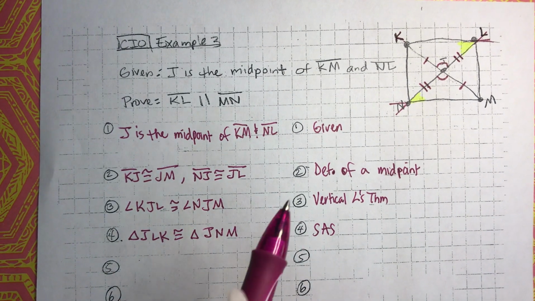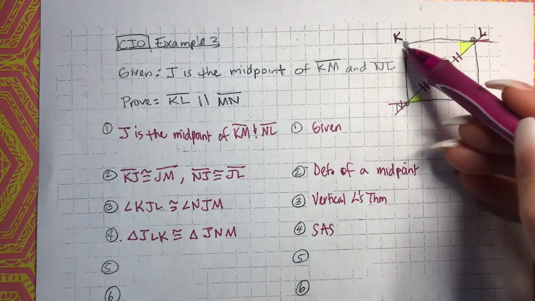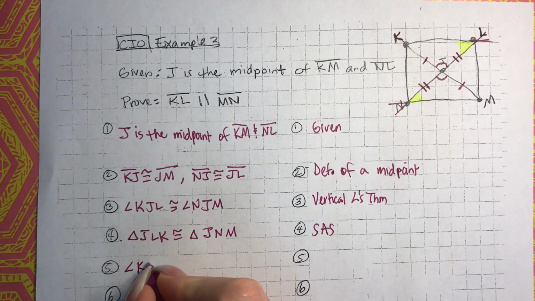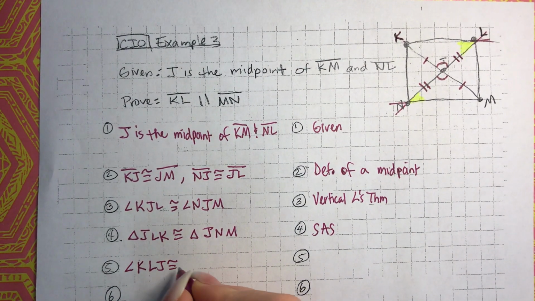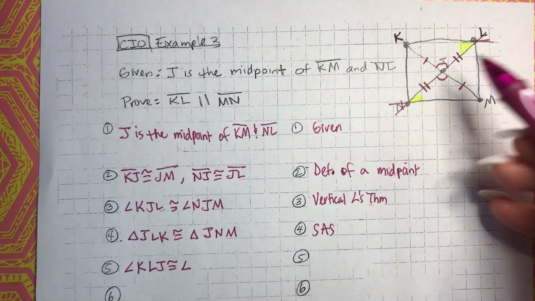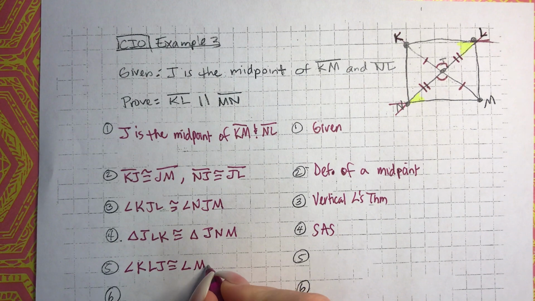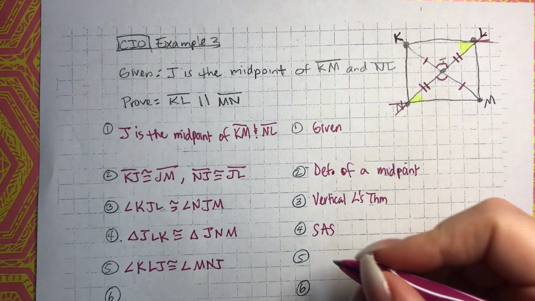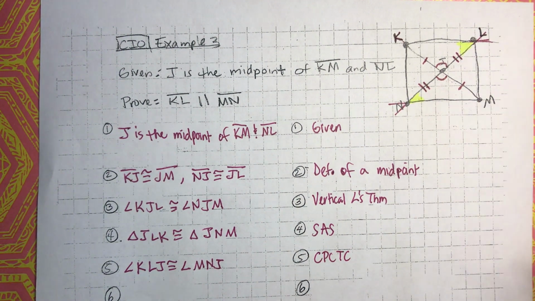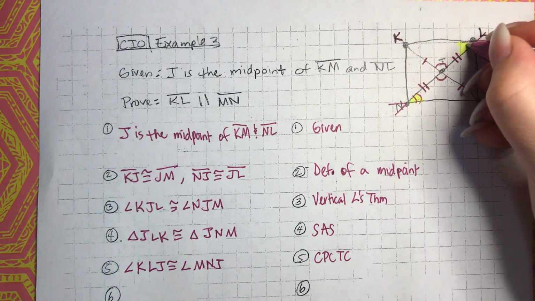Okay, so we have angle KLJ is congruent to angle MNJ because of CPCTC. And because those two angles are congruent, I'm going to mark them like that.